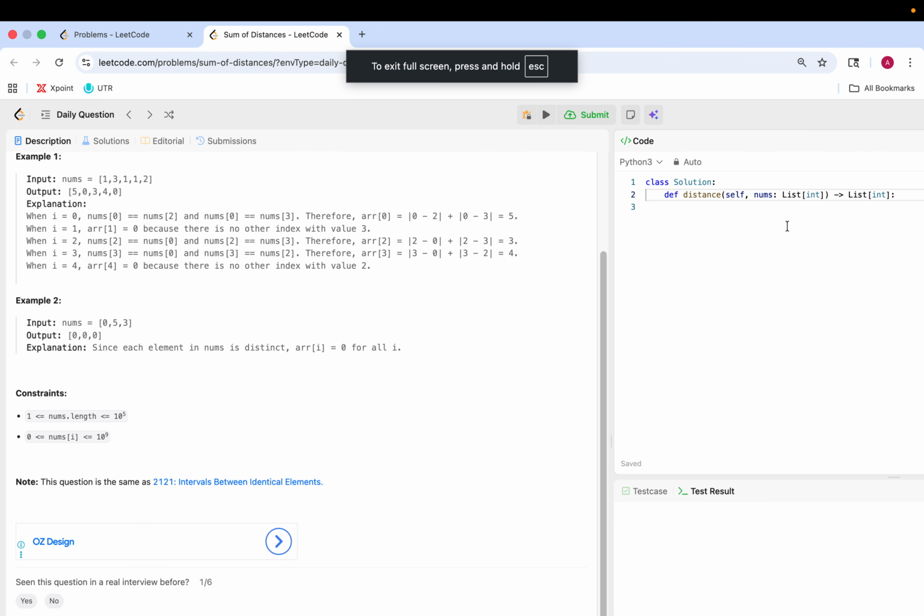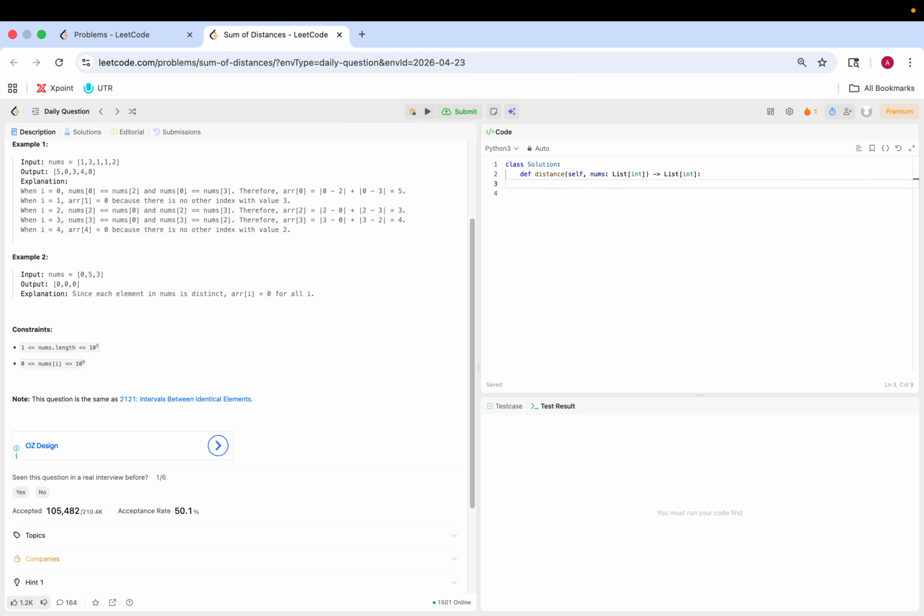So step 1, build the hash table. HT is equal to a defaultdict. For i and num in enumerate, oh, I should do defaultdict.